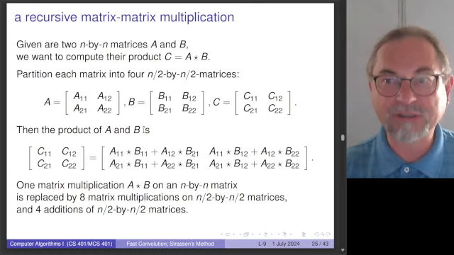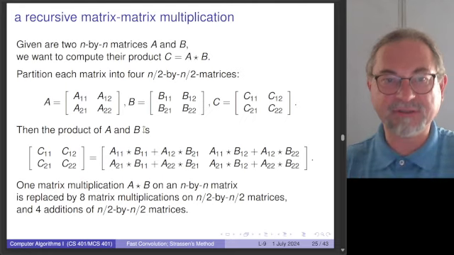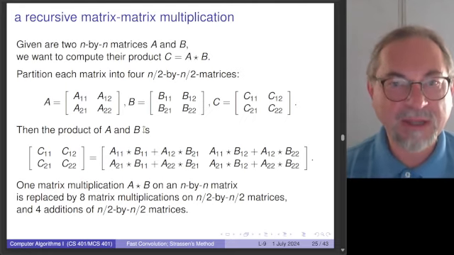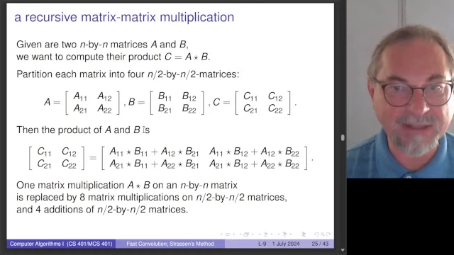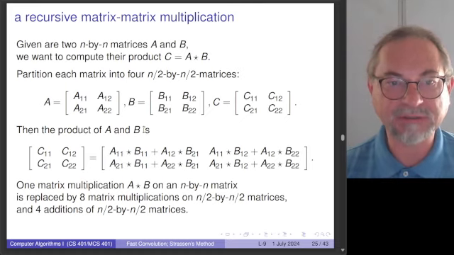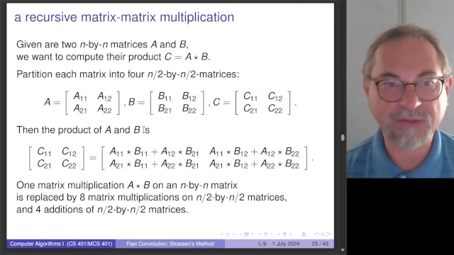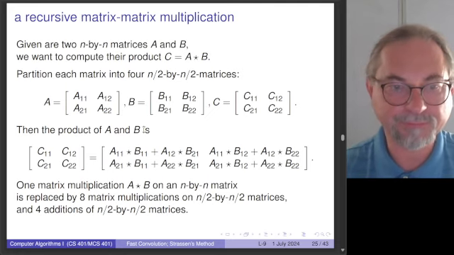We have 4 submatrices that partition the second matrix. And the result C can then be computed via 8 multiplications of half the size and 4 additions, as is shown here in this product.